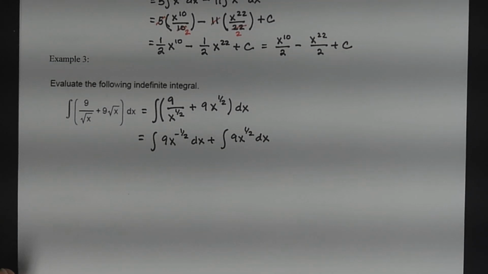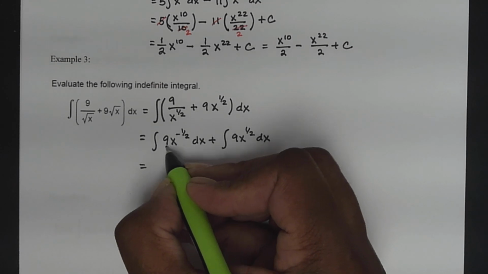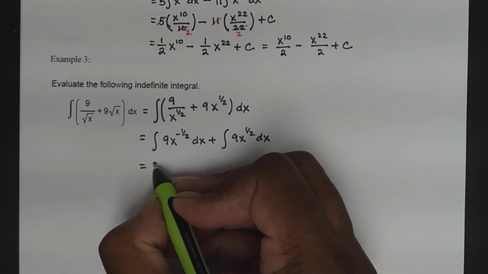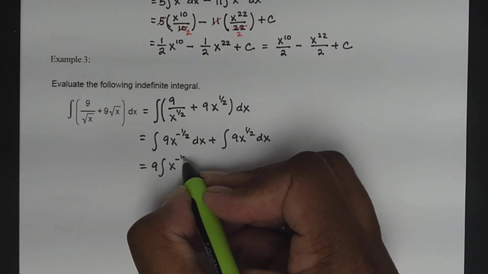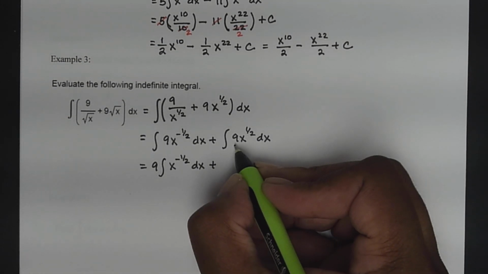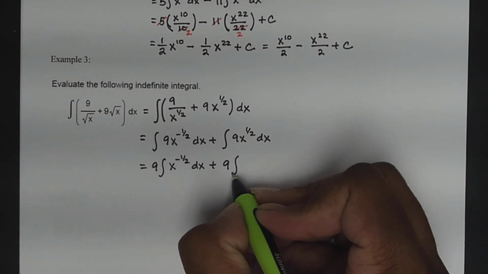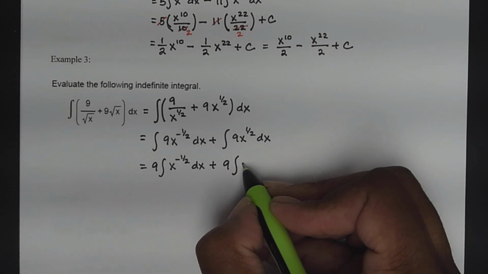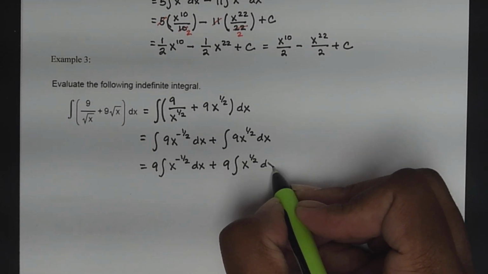And of course I can use the constant multiple rule on each of these terms here. This 9 is the coefficient of x to the 1/2 that can come outside the integral, so it'll be 9 times the integral of x to the negative 1/2 dx plus, same thing here, I can use the constant multiple rule by pulling the 9 on the outside of the integral sign, so it'll be 9 times the integral of x to the 1/2 dx.